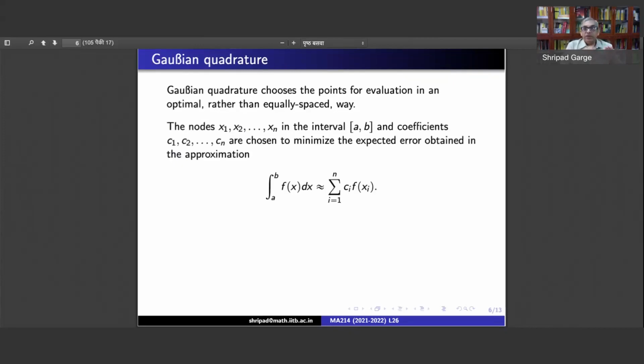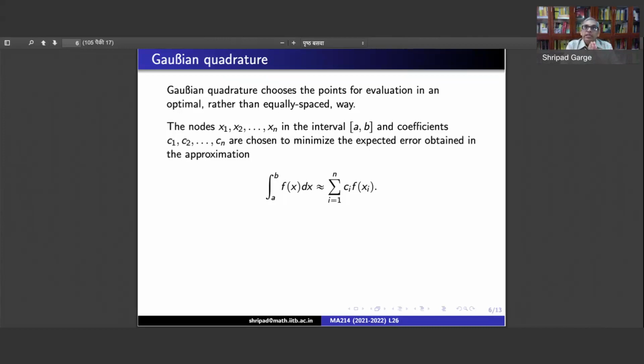So you have the integral from a to b of f(x) dx, which is approximated by the summation over i from 1 to n of ci f(xi). We would like to choose these nodes and the corresponding coefficients so that you get less error for a large set of functions.